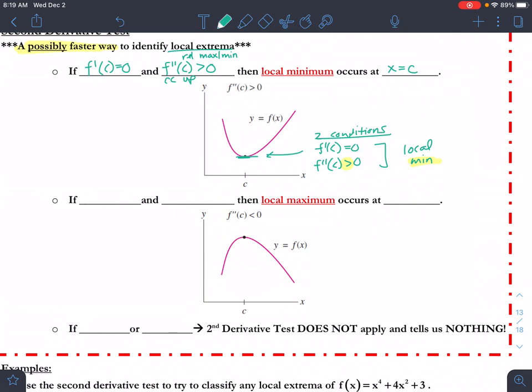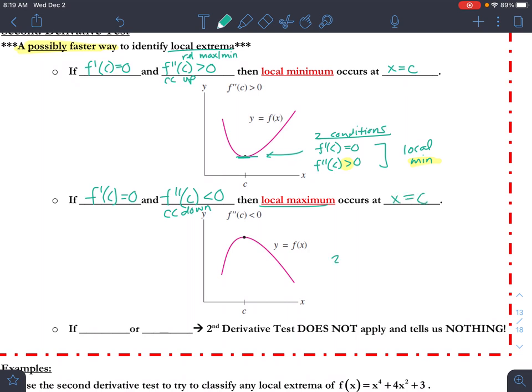So the second piece here: if f prime of c is 0, so we still know the first derivative is 0, that's still an important feature here. But we then know that f double prime of c is negative, aka concave down. If we figure out both of those pieces, then we can guarantee a local max occurs at x equals c.